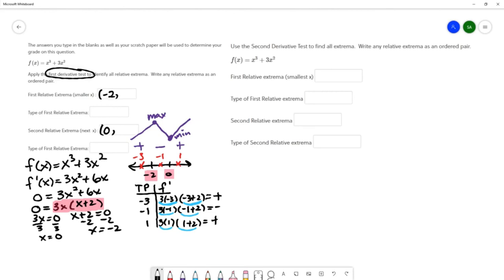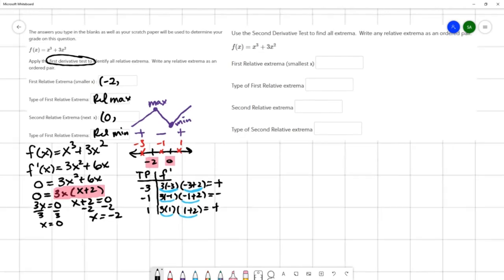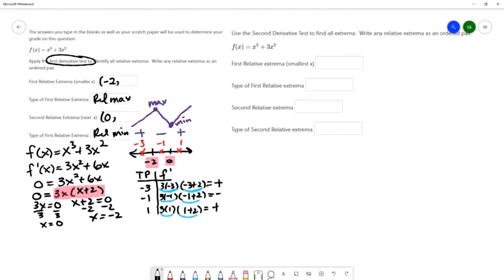The type for -2 is a relative max, and the type for 0 is a relative min. To finish this out, we just need the y coordinate, and we'll get it by substituting our critical number into the function.